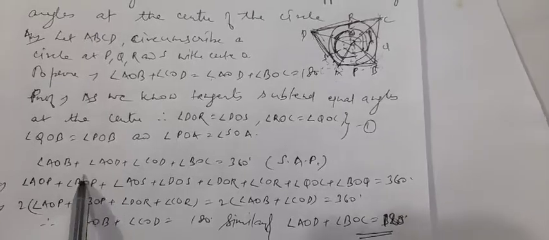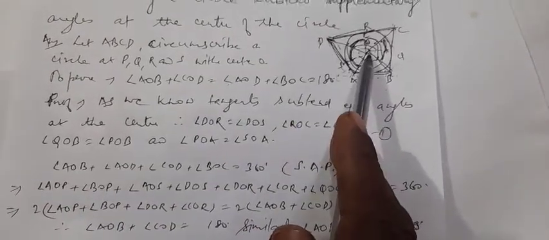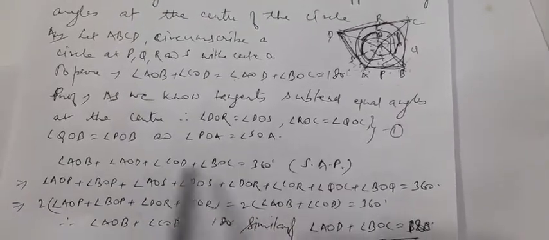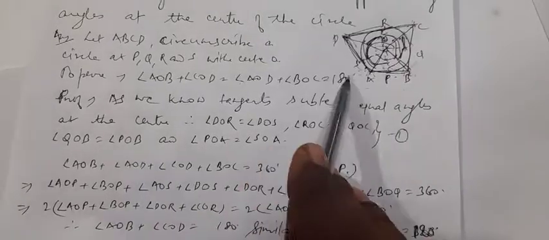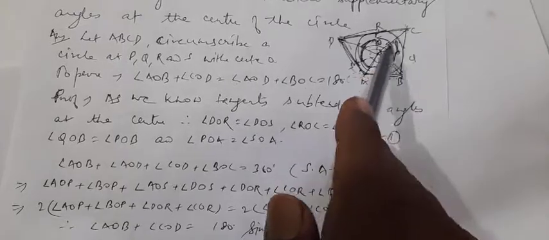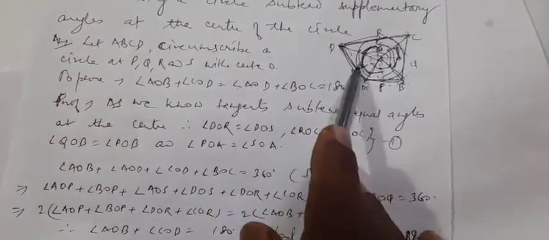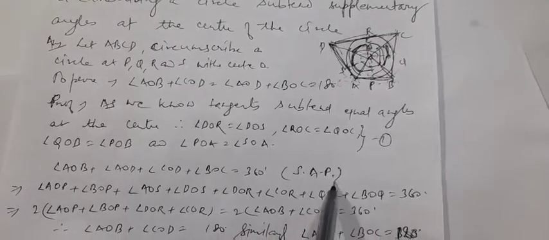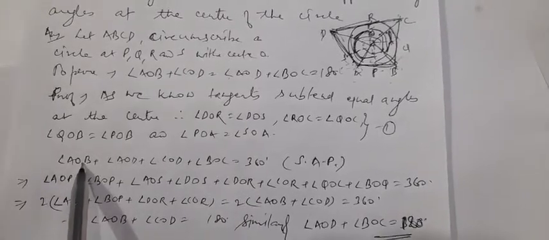Now, what have we done? We have added all the angles made at point O. The sum of all angles at a point is equal to 360 degrees. Angle AOB plus angle AOD plus angle COD plus angle BOC equals 360 degrees. We have bifurcated these angles.